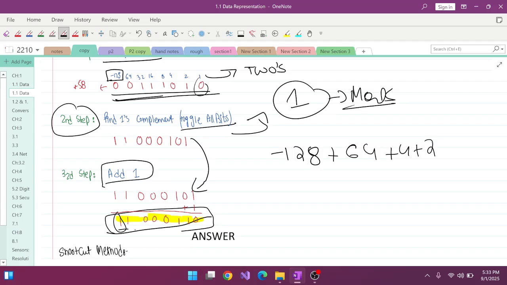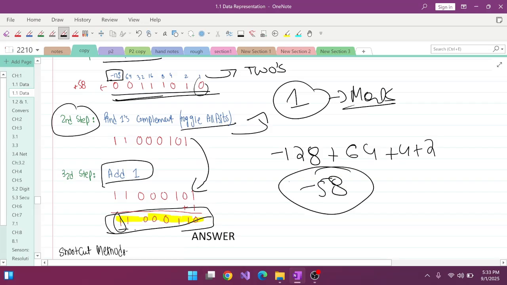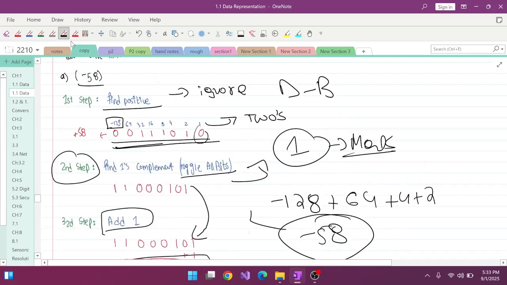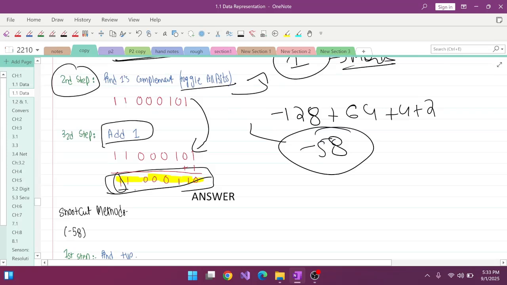If I add 4, it is negative 60. If I add 2, it is negative 58. So you can see I get my required answer, which was negative 58. I converted that number into a binary number using 2's complement. So this number is the 2's complement representation of negative 58.